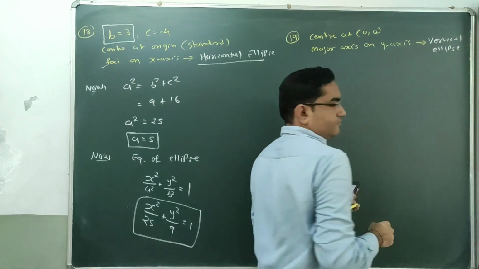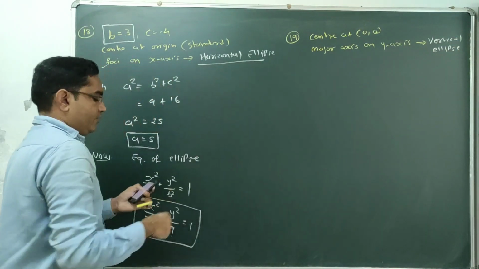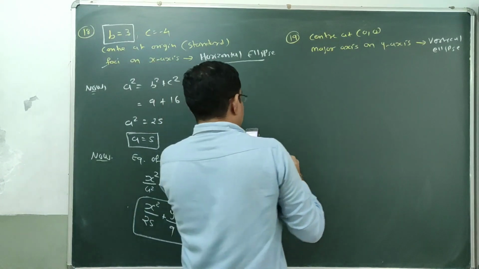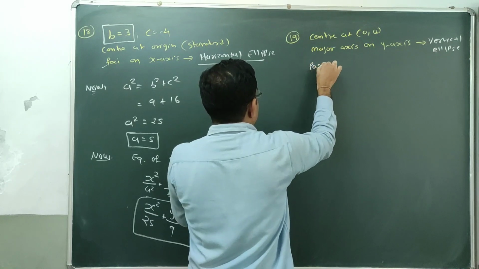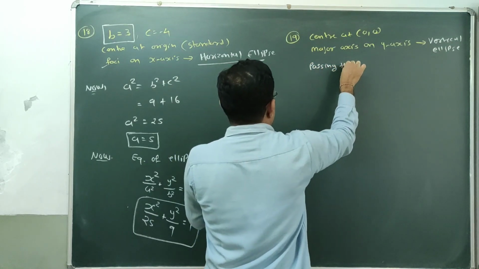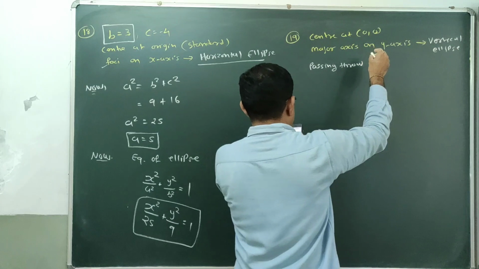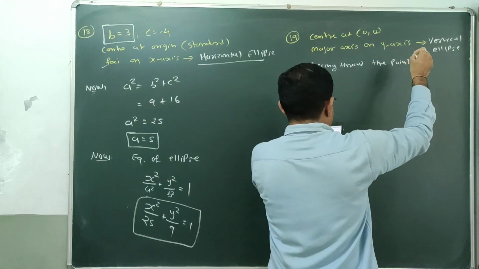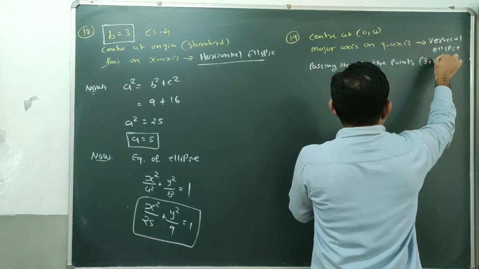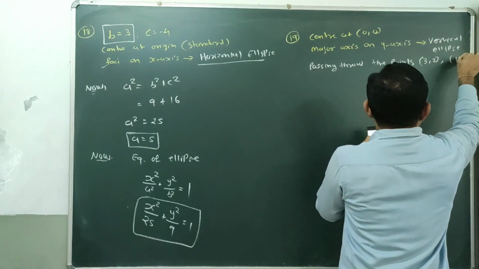In a vertical ellipse, the major axis lies along the y-axis, and our ellipse is passing through the points. Two points are given, (3, 2) and (1, 6).